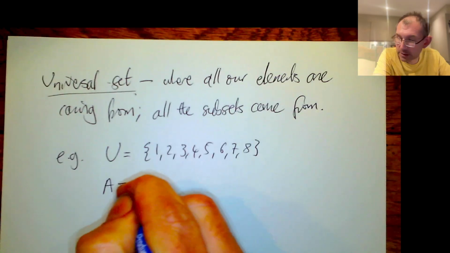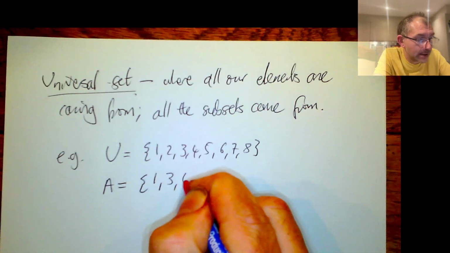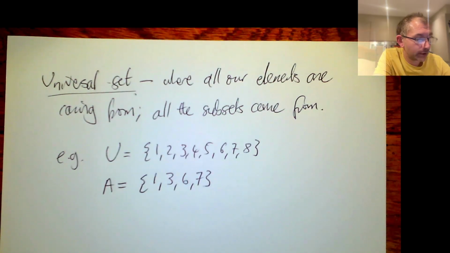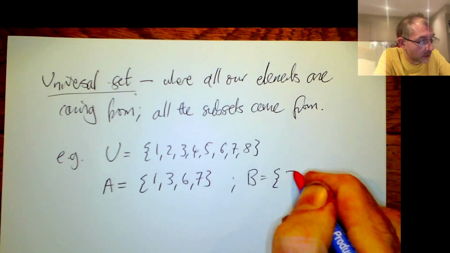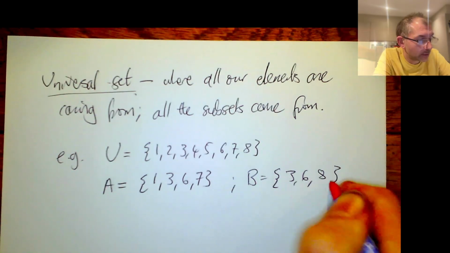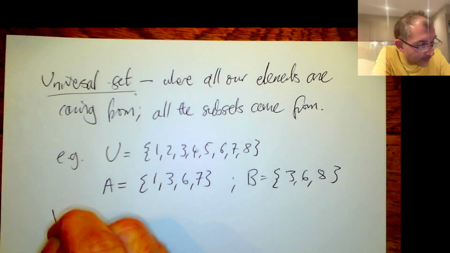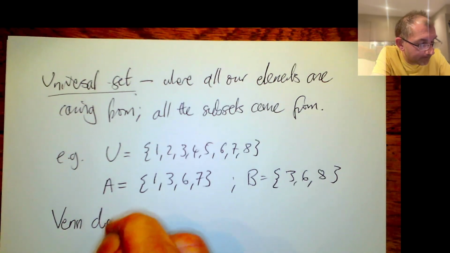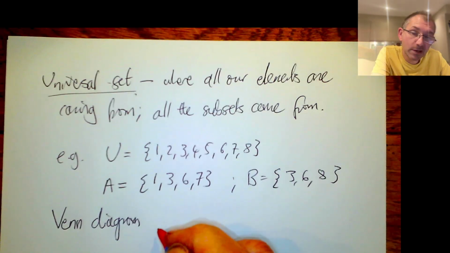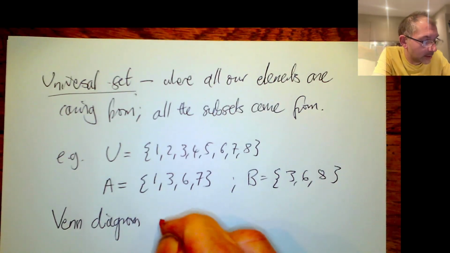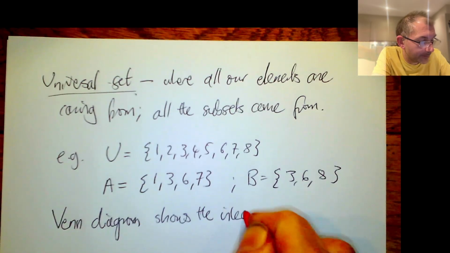So the two subsets I'm going to pick are going to be A, and that's just going to be these numbers, 1, 3, 6, and 7, and B is going to be the following, just 3, 6, and 8. So just some sort of random choices. And then the Venn diagram will show the interactions of these sets.